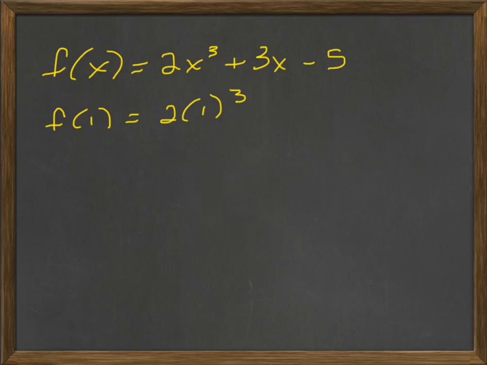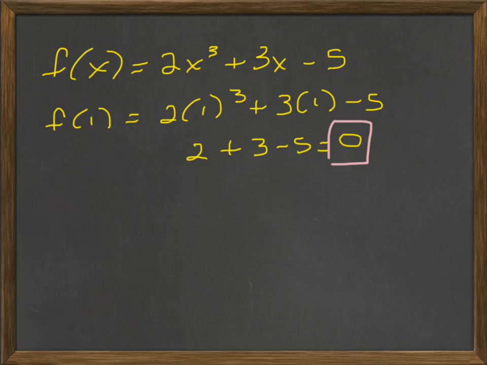We would plug 1 in for x into the equation, and we would get 2 plus 3 minus 5, which would give us 0. That would indicate that, yes, x minus 1 is a factor of the polynomial 2x cubed plus 3x minus 5.